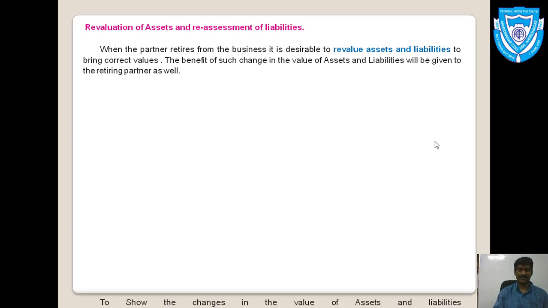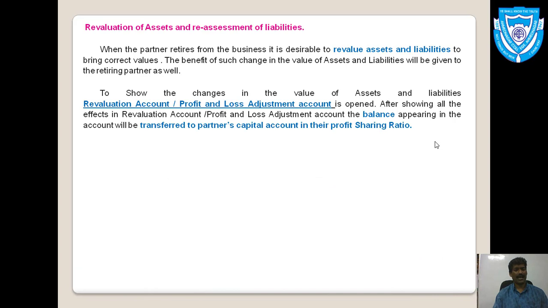And in this case, we have to prepare and show the changes in the revaluation account, or we can call it the profit and loss account. And in such case, when there is a profit or a loss on revaluation of assets and liabilities, it is transferred to partners' capital accounts in their profit sharing ratio.